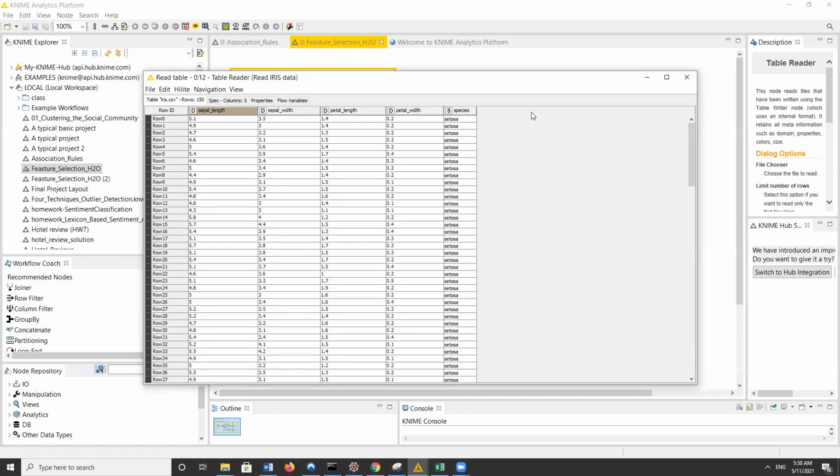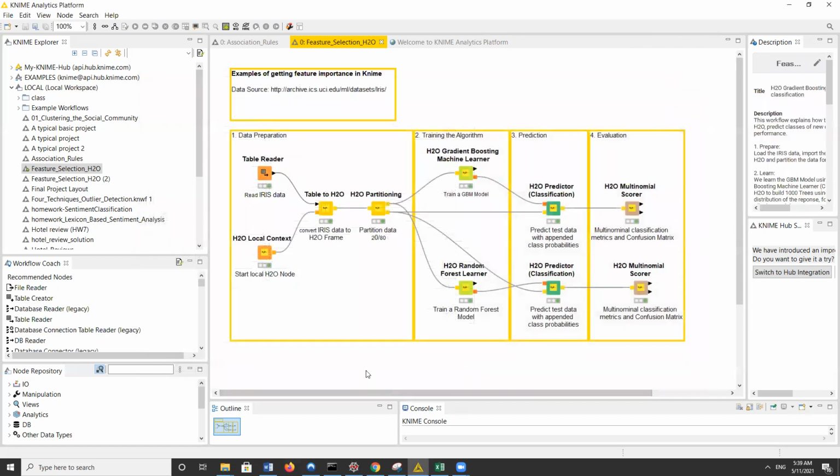Maybe you provide some more data on, let's say, petal length or petal width.